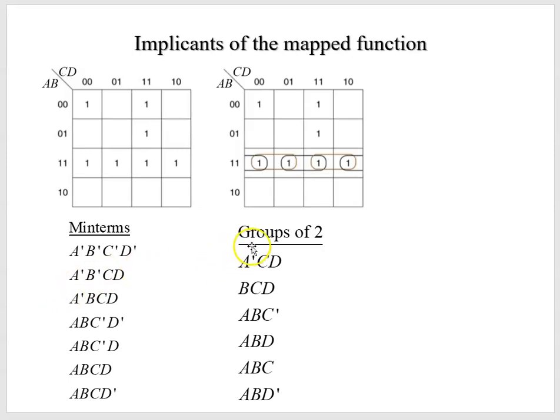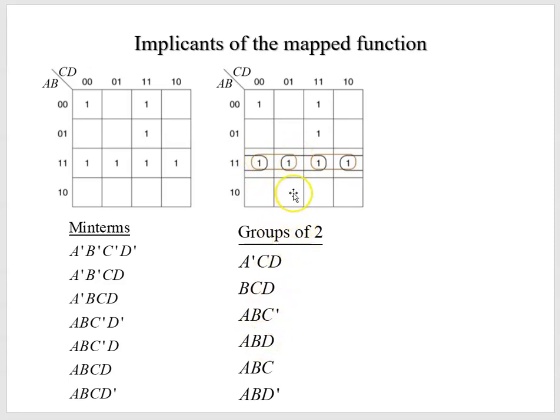In terms of groups of 2, we have additionally A prime CD, that's these two up here. We have BCD, that's going to be these two here. And then we have ABC prime, that's these two here.